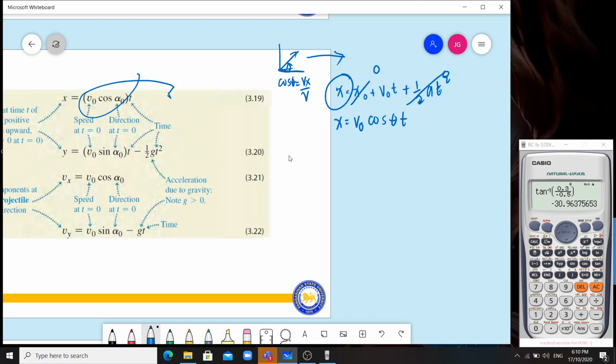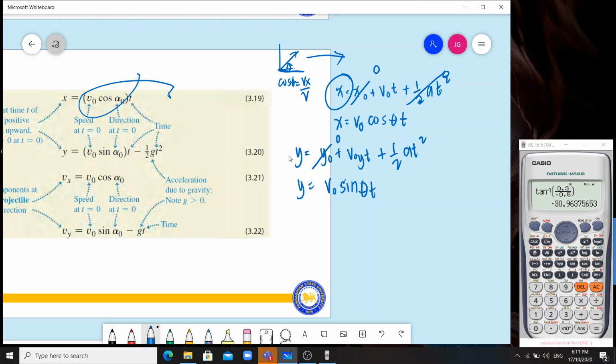Diyan siya nakuha. And then, kapag y naman, ganun pa din. y0 plus V0y t plus 1/2 at squared. Okay? So, y, let's say 0 ito, ang initial vertical distance. Ang V0y natin is V0 sine theta t.